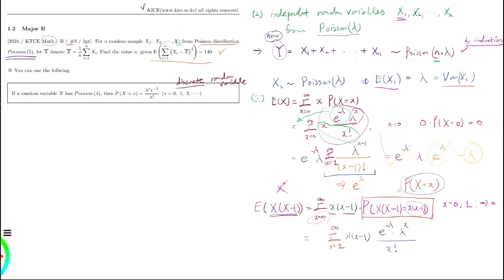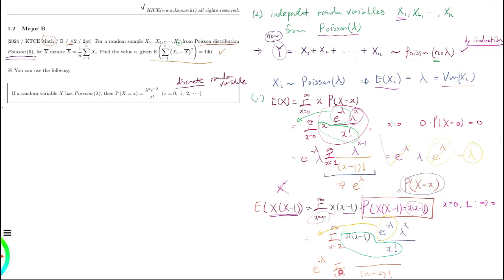By the same way, I can pull out this e to the negative lambda outside, and I can compute this term as x and x minus 1 term is cancelled out, so what's left is x minus 2 factorial, and I have e to the negative lambda outside.